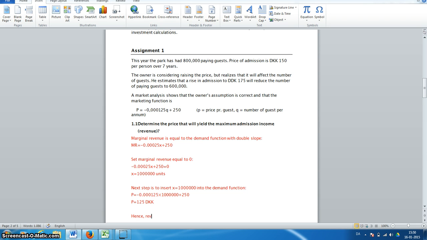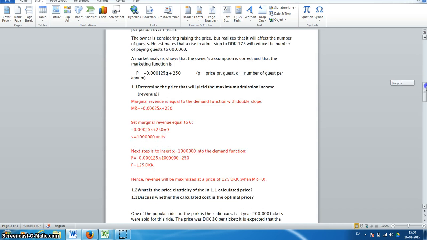Hence, revenue will be maximized at a price of 125 Danish kroner, and we can just write in brackets when marginal revenue is equal to 0, that is when revenue does no longer increase when we lower the price. Instead, if we lower the price further, it will decrease. So this is the pinnacle, this is the maximum. So that's exercise 1.1.